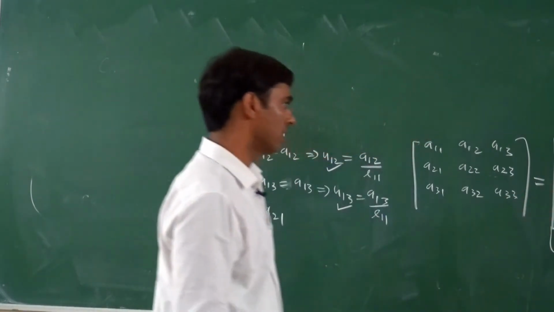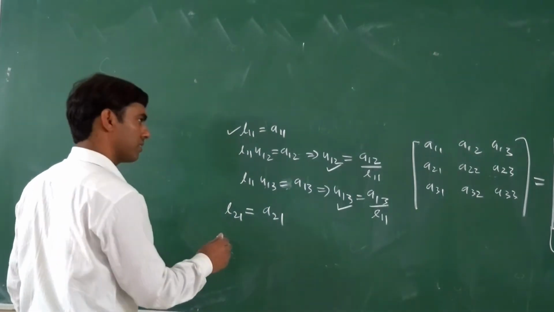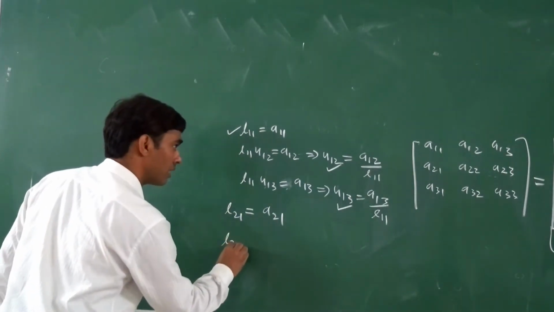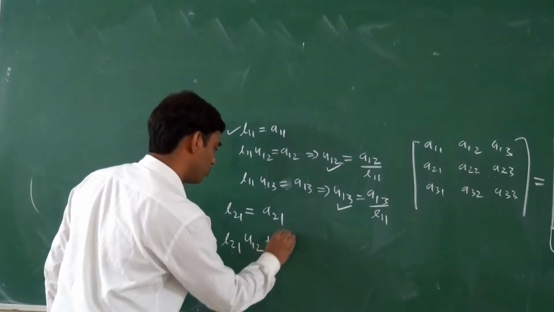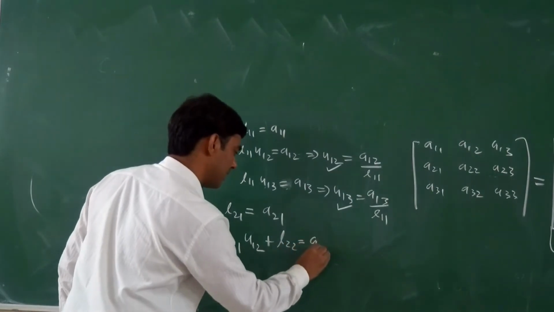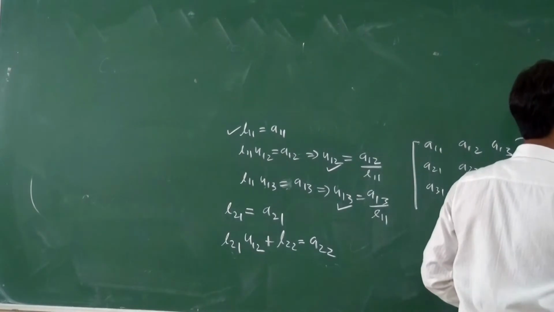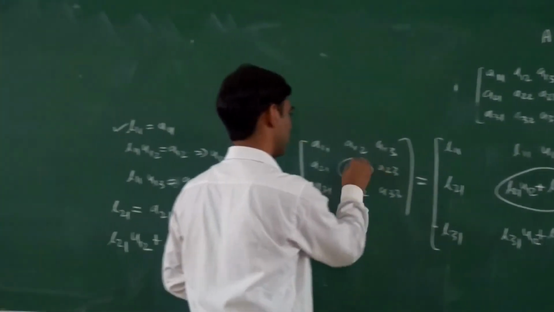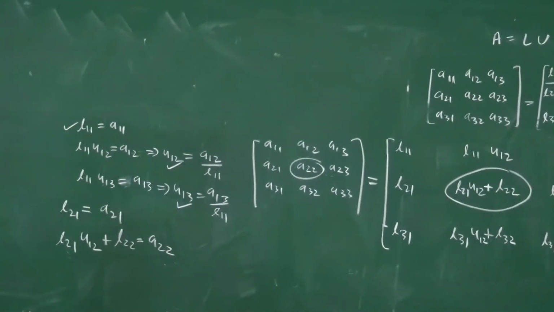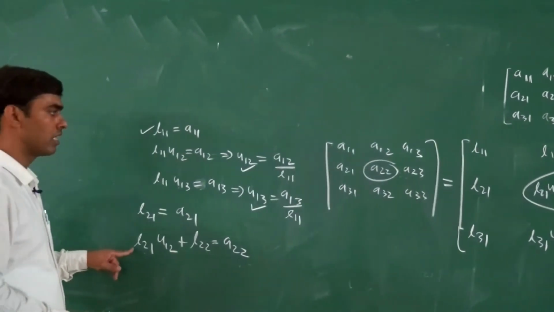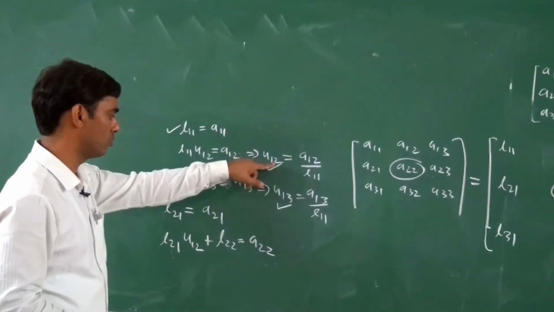Now, by comparing the second element of the second row, L21 U12 plus L22 equals A22. Since we have already found L21, we are able to find U12.